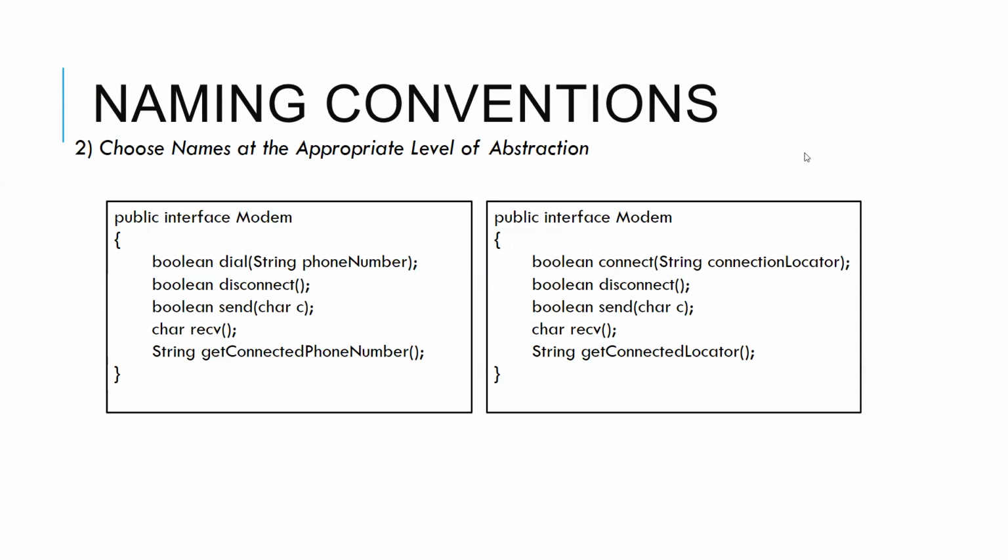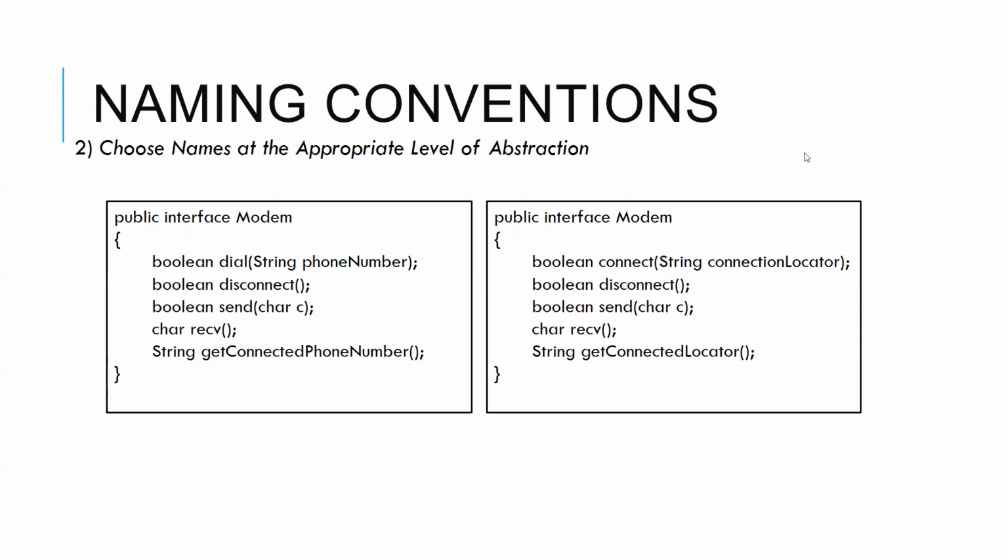Now, while this modem interface might fit in certain conditions, if you look at the level of abstraction, this modem interface assumes that all modems accept some kind of phone number to dial, which is a wrong assumption.